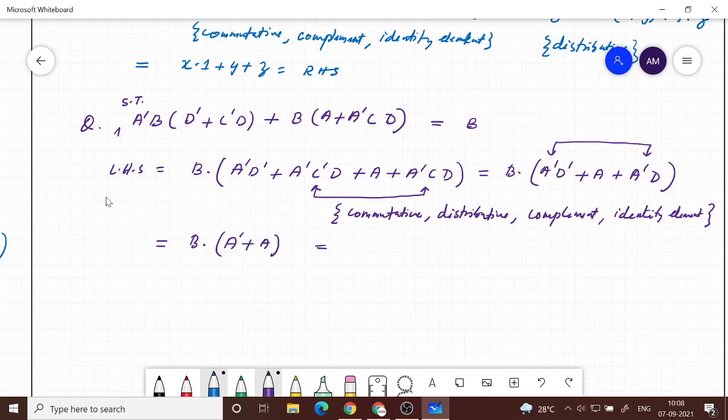Which you can write as B. Here I again used distributive to combine the terms, and then D plus D dash, by the definition of complement, I said it is 1, then A dash dot 1 I wrote as A dash, so that is identity element.